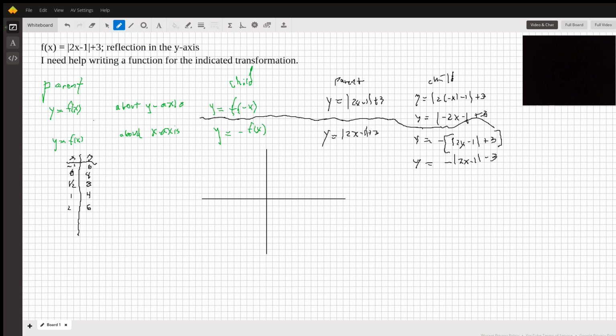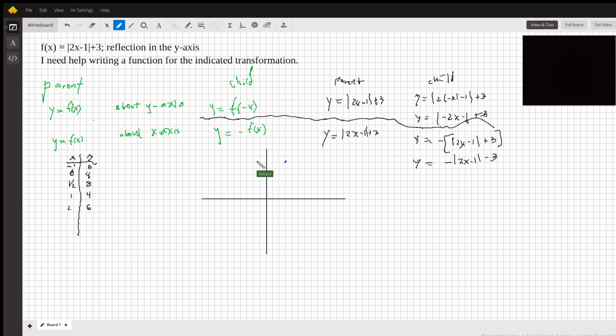We'll just take an arbitrary point here, and we'll reflect it about the y-axis. Well, what you do is you just look at this distance here to the y-axis, which is 3 units, and the reflection is going to be 3 units on the other side. So that's all it is.